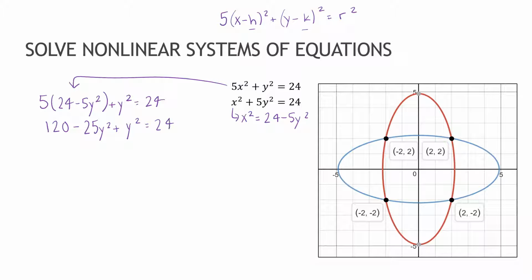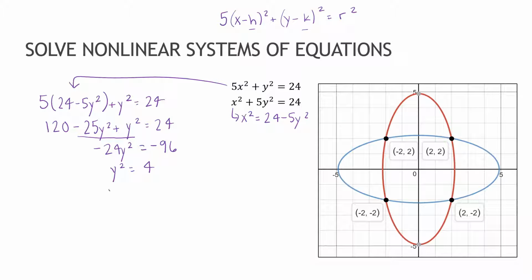Recopy everything else. 24 minus 120 is going to give me 96, and in fact it will be negative 96. And on this side, these guys combine to get negative 24y squared. Divide each side by negative 24 to get that y squared equals positive 4.